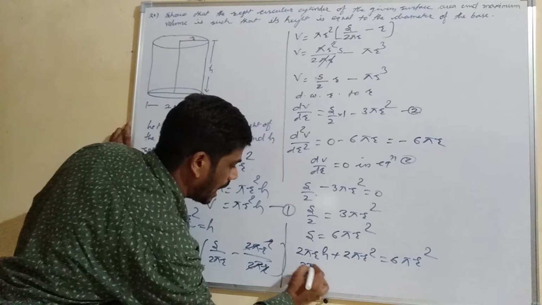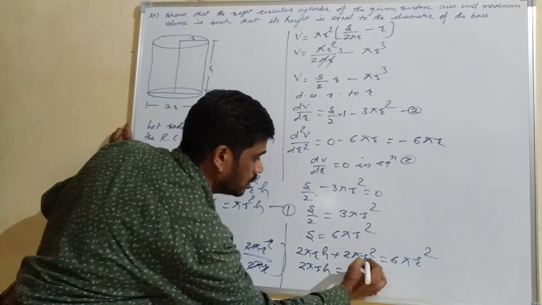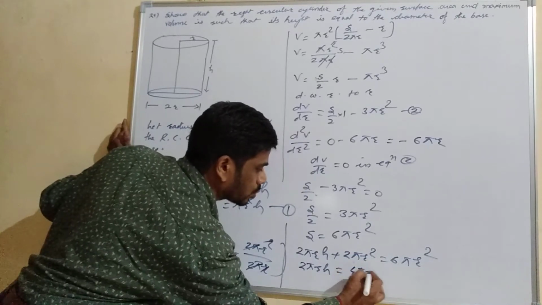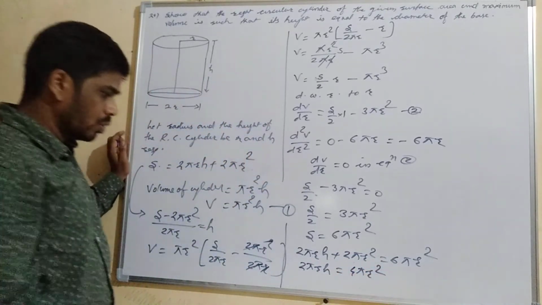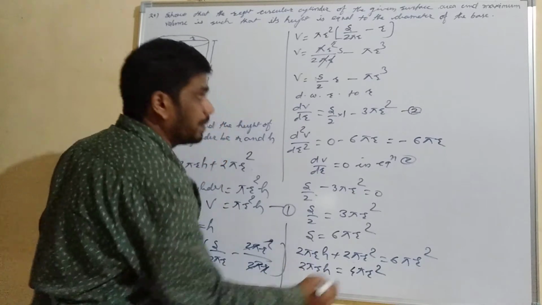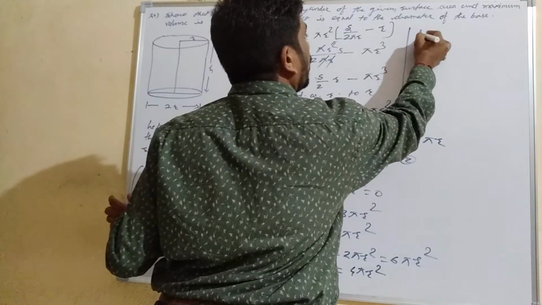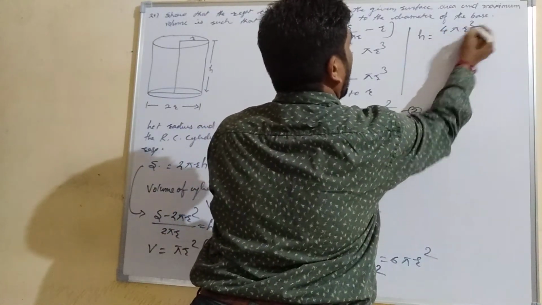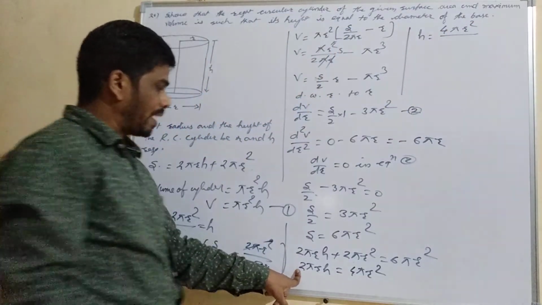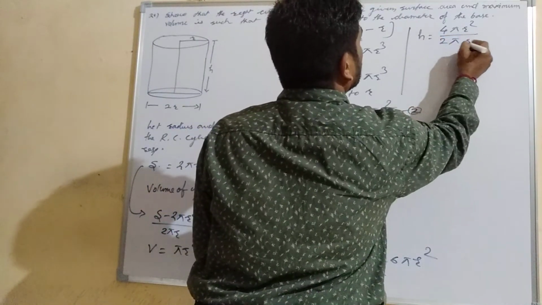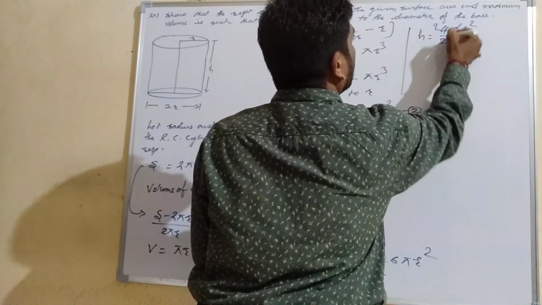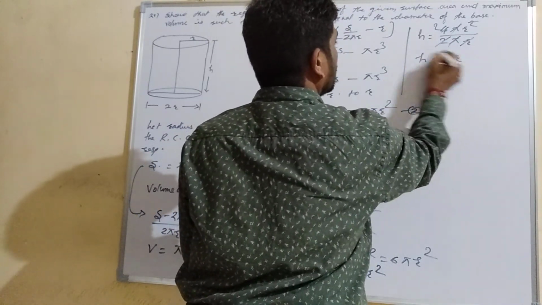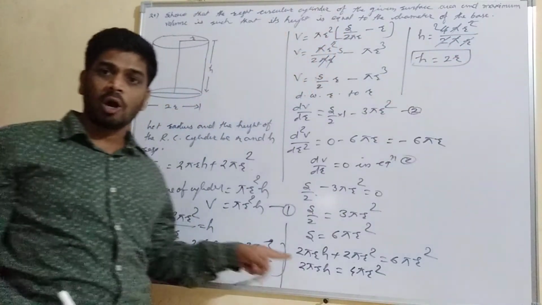So 2 pi r h equal to 6 pi r square minus 2 pi r square. It will be 4 pi r square. Now h will be, h equal to 4 pi r square upon 2 pi r. 2 twos are 4. Pi will be cancelled. This r will be cancelled with this. With h we got 2r.